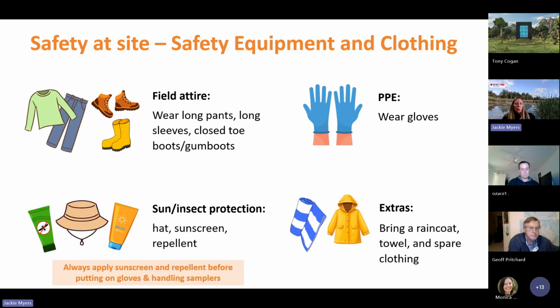You want to always wear gloves when handling and collecting samples, and this both prevents contamination of the samplers, but also prevents exposure to things like biological materials. Extra things you might want to bring, as I mentioned, a raincoat. You might want to bring a towel and potentially some spare clothing just in case you slip or get wet.